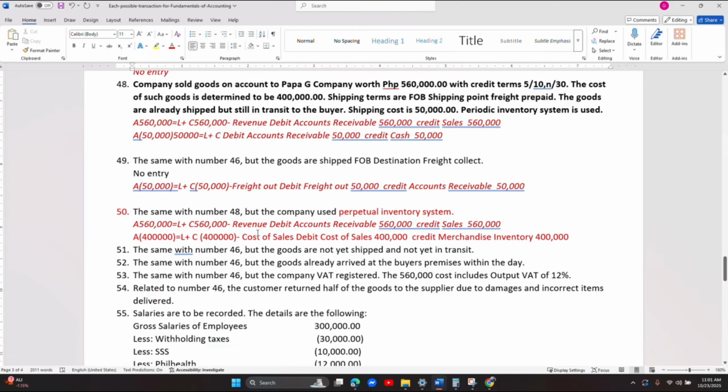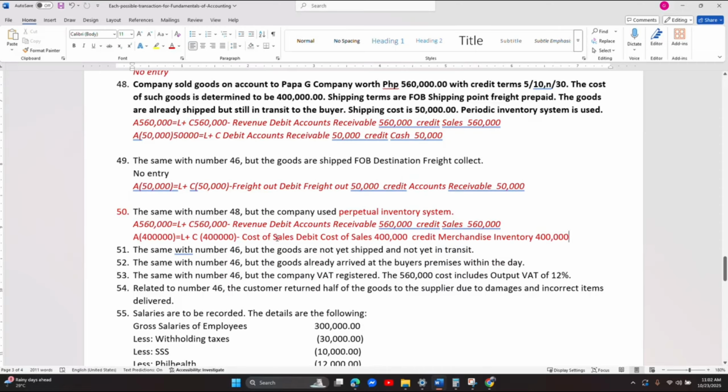You will have 2 entries when you sell. Actually, not only on the sales but also on the sales returns. Sales returns is when the customer returns the inventories that you have sold because there is some defect. So if that will be the case, what will happen is you'll record credit accounts receivable because your accounts receivable will be decreased because your customer returned the goods. Okay? So credit accounts receivable and debit sales returns and allowances. There will be a secondary entry just like this one, but it is the opposite.